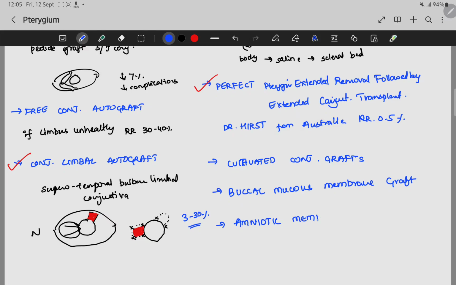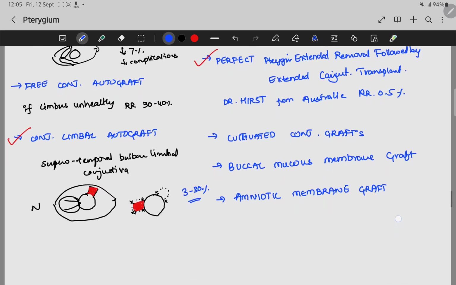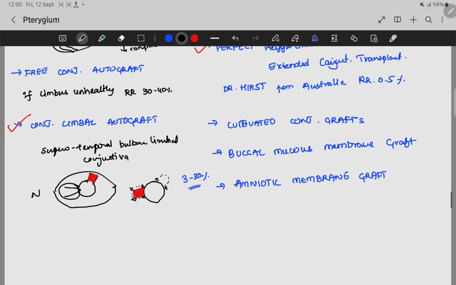Amniotic membrane graft. So we'll just have a brief overlook of amniotic membrane graft here. So it is an innermost semi-transparent layer of the fetal membrane. Here it has anti-inflammatory, anti-scarring and anti-angiogenic properties.